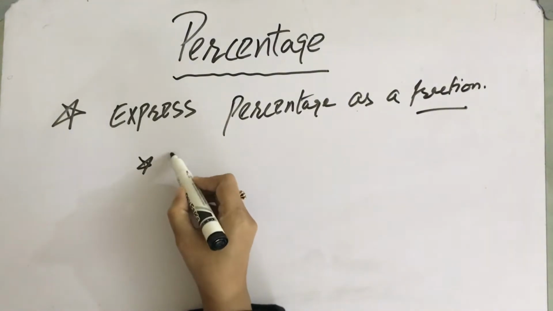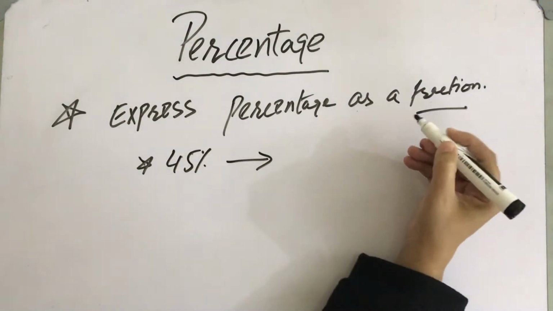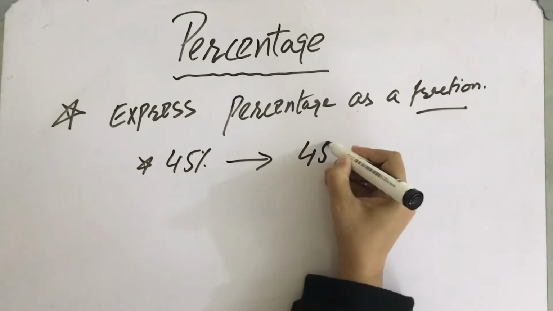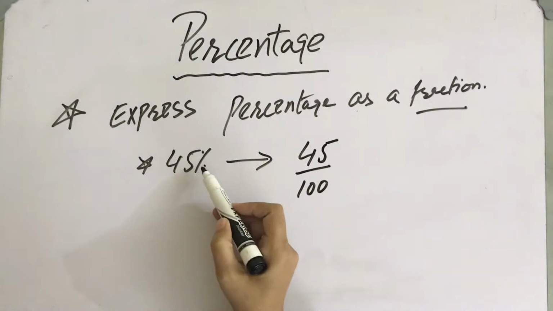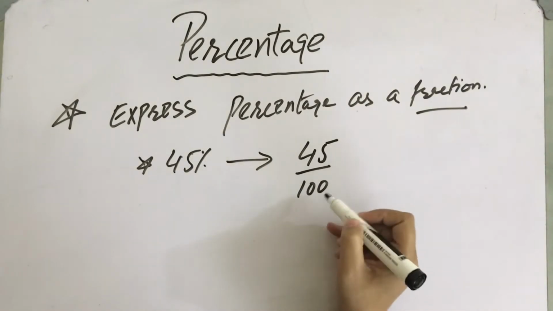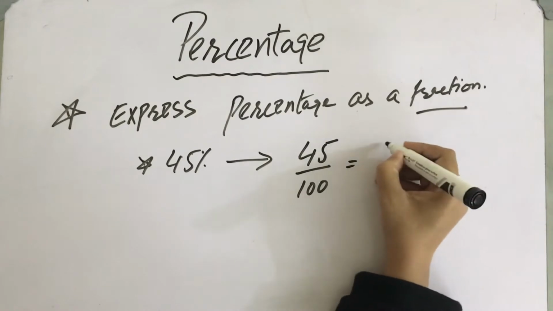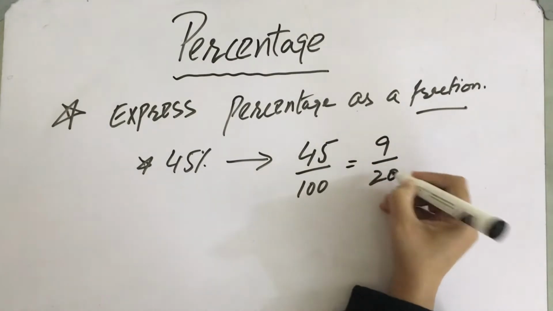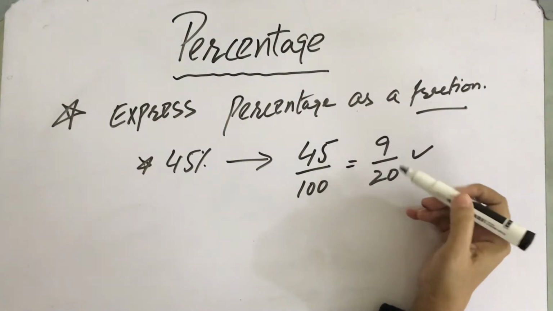If you are given 45%, you have to express it as a fraction, so you will write it as 45 out of 100. Notice when you have the sign of percentage and you have to remove the sign, you have to divide by 100. And as we are giving our answer in fractions, we have to give our answer in the least form. Least form means the lowest form, where there is no common divisor left.